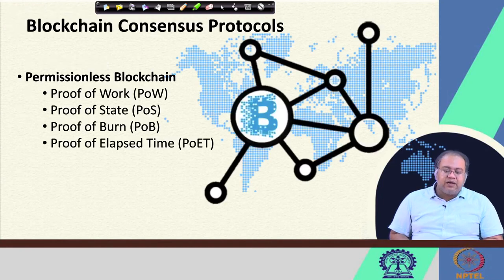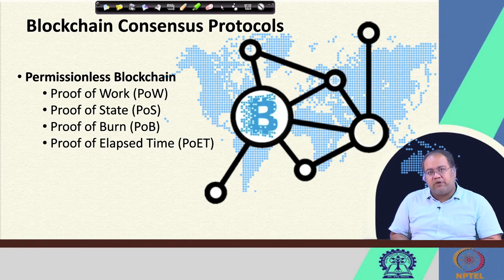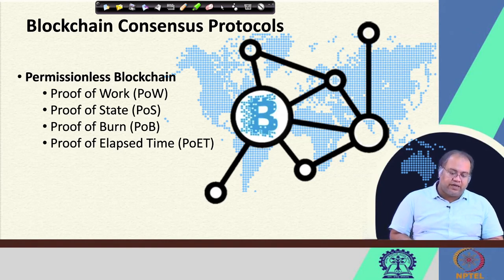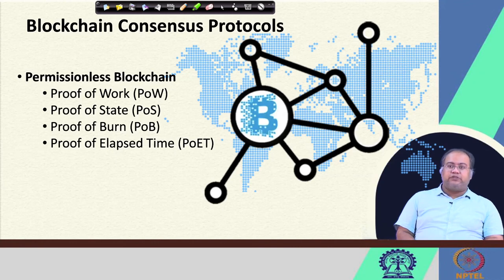To start with, we have learnt about different types of blockchain consensus protocols. In the context of the permissionless blockchain architecture, we have seen different consensus algorithms like proof of work, proof of stake, proof of burn, proof of elapsed time and so on.